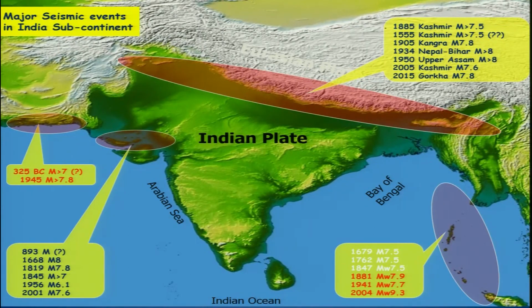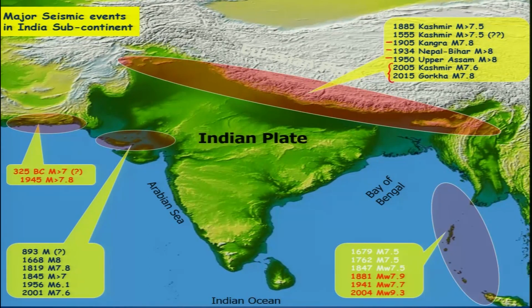We have an incomplete record, I would say, but to some extent we have historical data which shows that there were earthquakes based on the damage, and recent studies have helped us in identifying the ruptures of at least these three events. Two were very recent, so we know what happened.